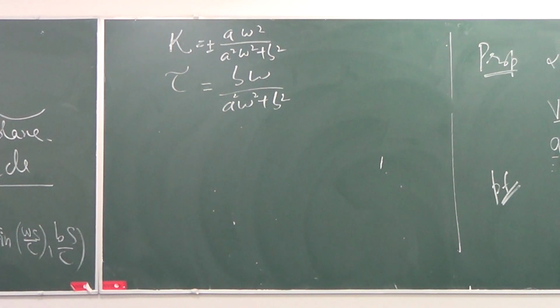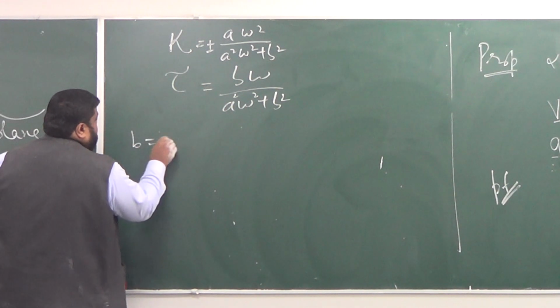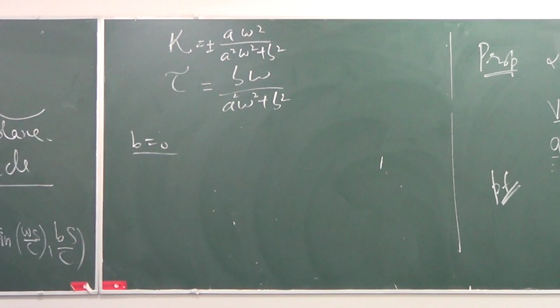I would like to give you some observations. Imagine b equal to 0. What does it mean? It means that your curve is a plane curve. If you collapse the helix down into the plane, it's going to be a circle.